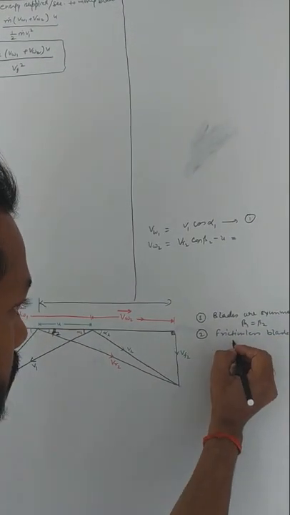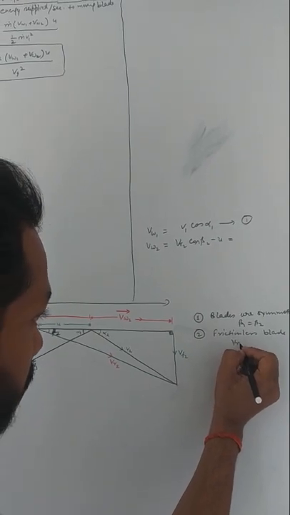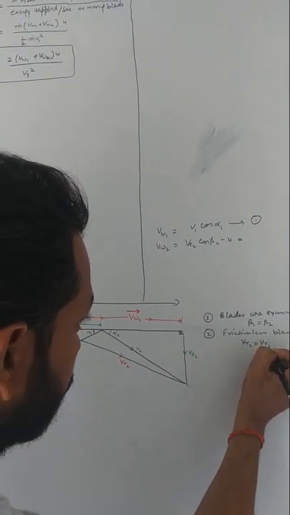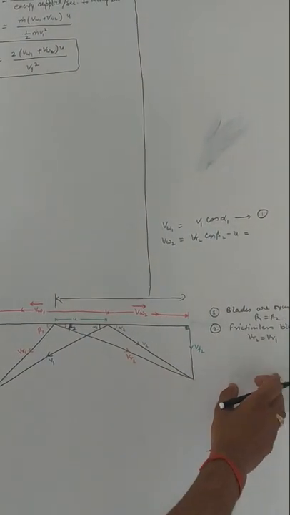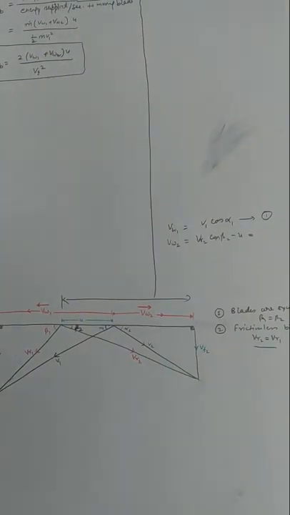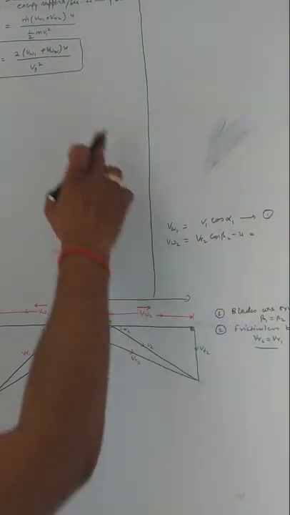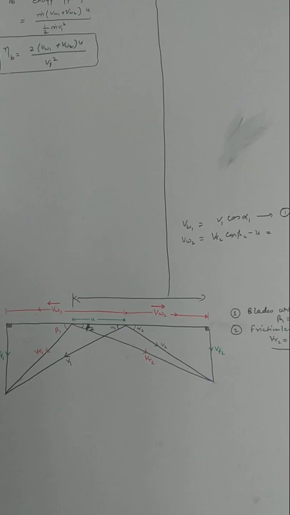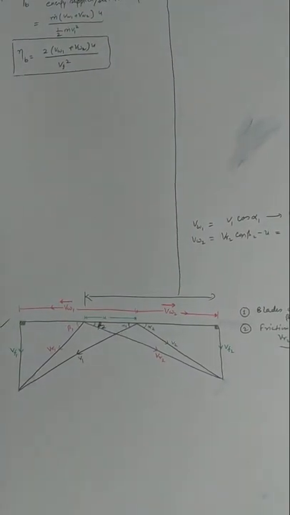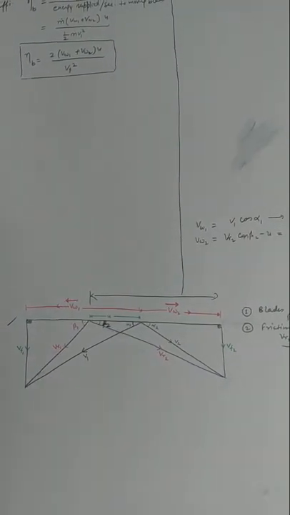That's why we can say Vr2 is equal to Vr1. There is no loss of energy in the friction. This is the reason, because we are going to maximize this efficiency. If we consider the friction, then the power loss is also there. That's why efficiency is decreased.